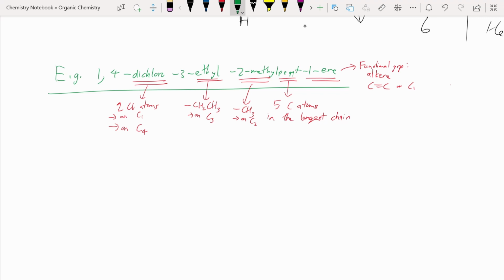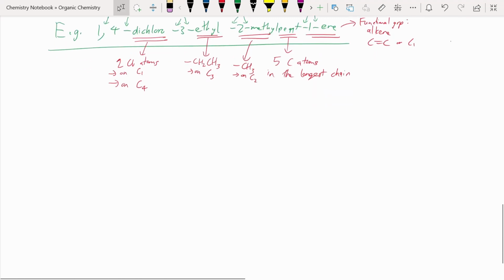All right. So for this hyphen, it is to separate the number and the words. These 2 hyphens separate number, word, and so on. And then this comma right here is to separate the numbers. So it will mean that one of the chlorine atoms is on carbon 1, one of them is on carbon 4.